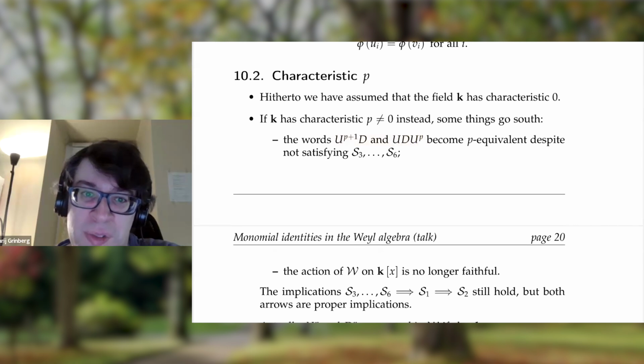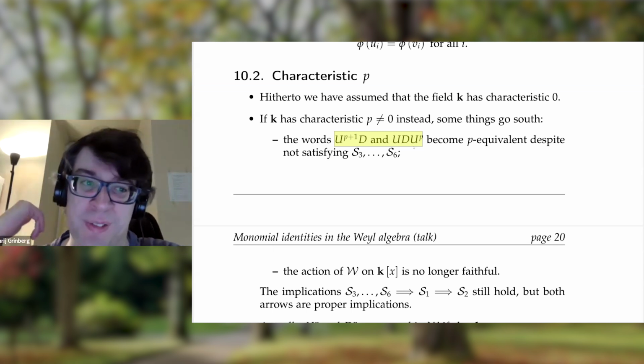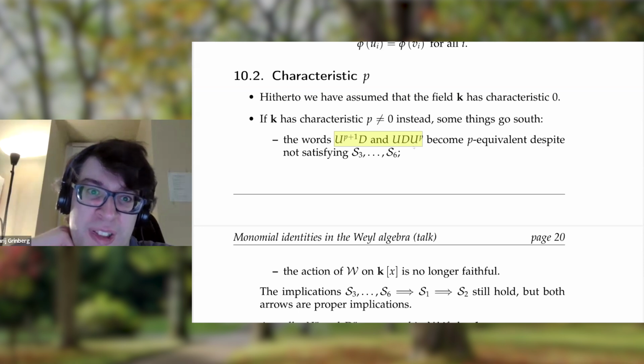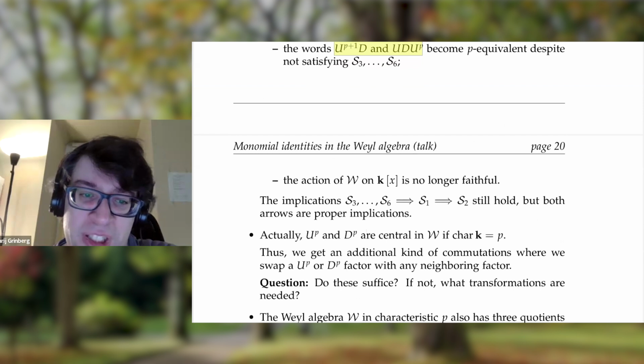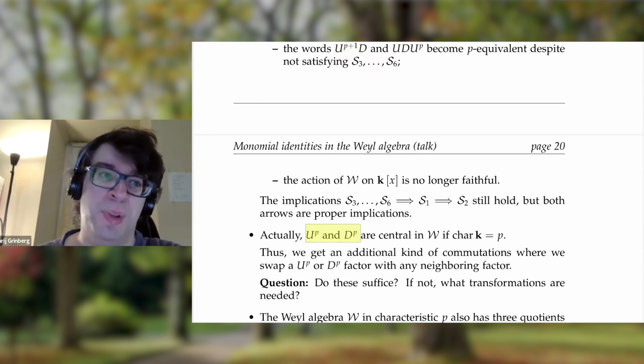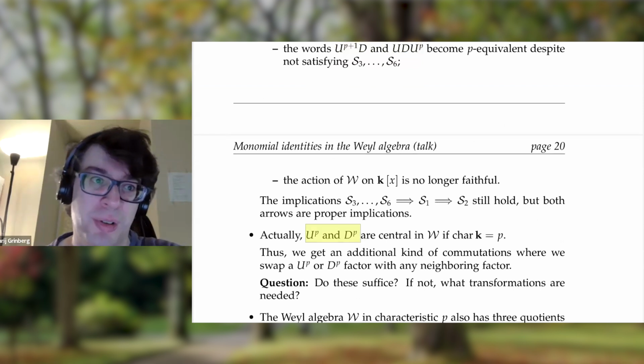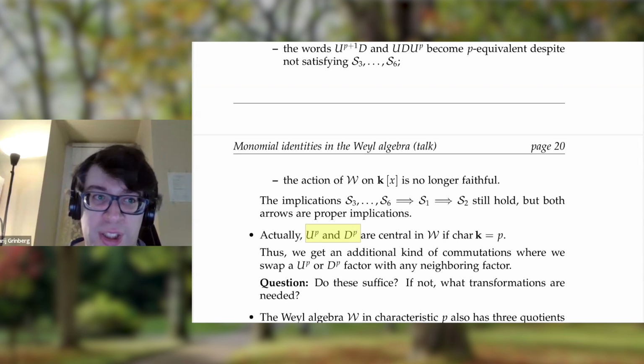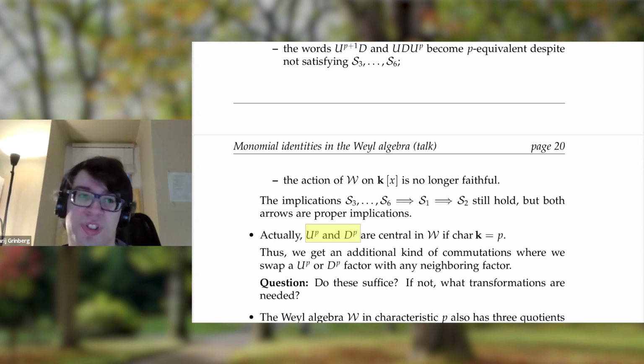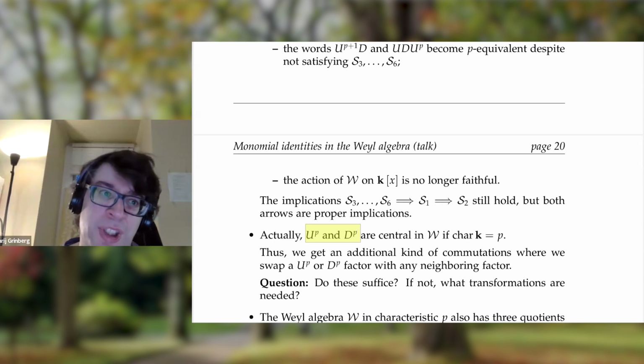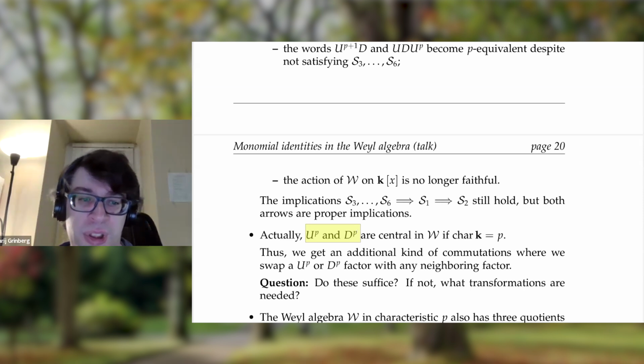So for example, you have those words which become, I call it p-equivalent now because it's a different phi equivalence, which become equivalent in this Weyl algebra in characteristic p. And in fact, this is not surprising because u^p and d^p become central in characteristic p. This is a known fact. And the question is, what kind of commutation moves describe phi equivalence now? And the answer is we don't know.